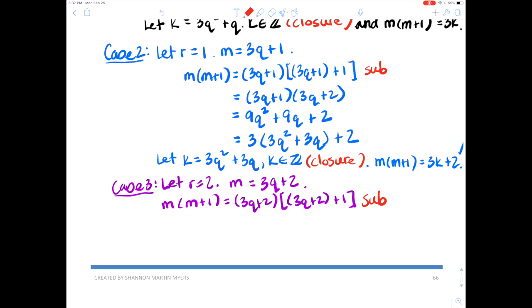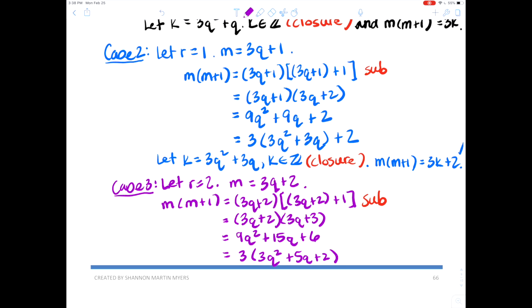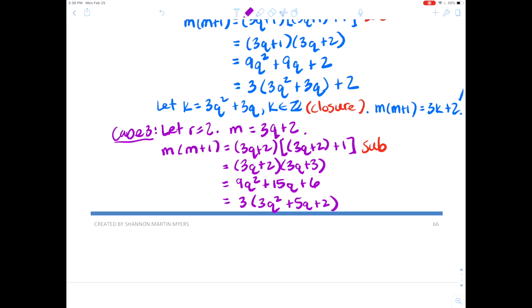Great, substitution. All right, so this in turn will equal, cleaning it up a bit, 3q plus 2 times 3q plus 3, which is 9q squared plus 15q plus 6. Factoring out a 3, we'll have 3q squared plus 5q plus 2. And look, it looks like this one won't have a remainder.